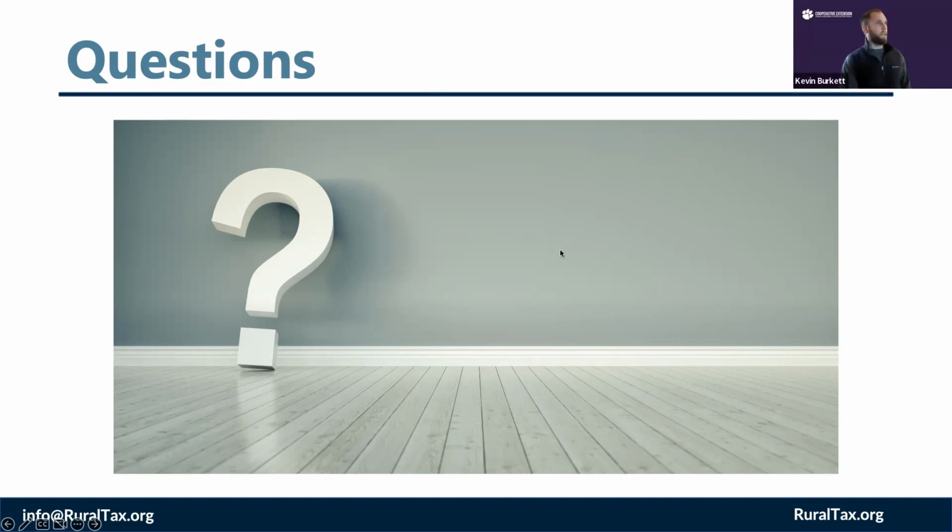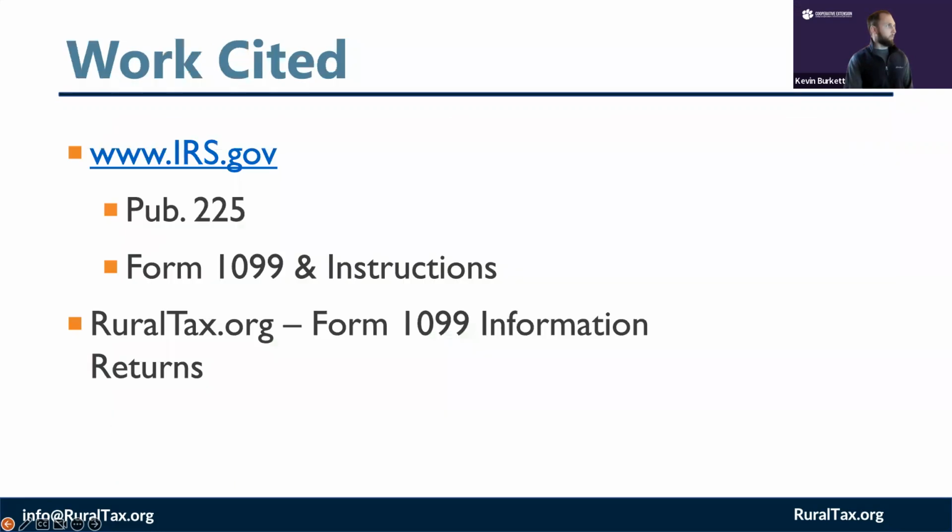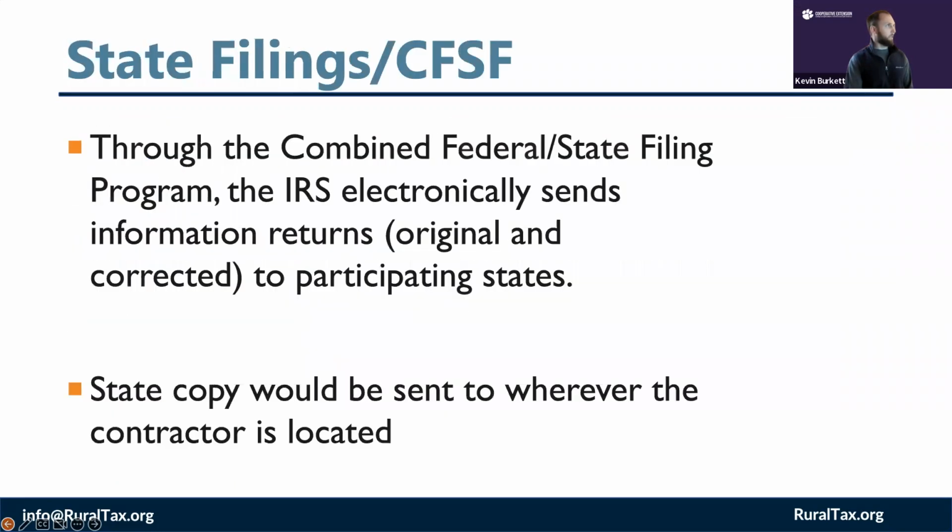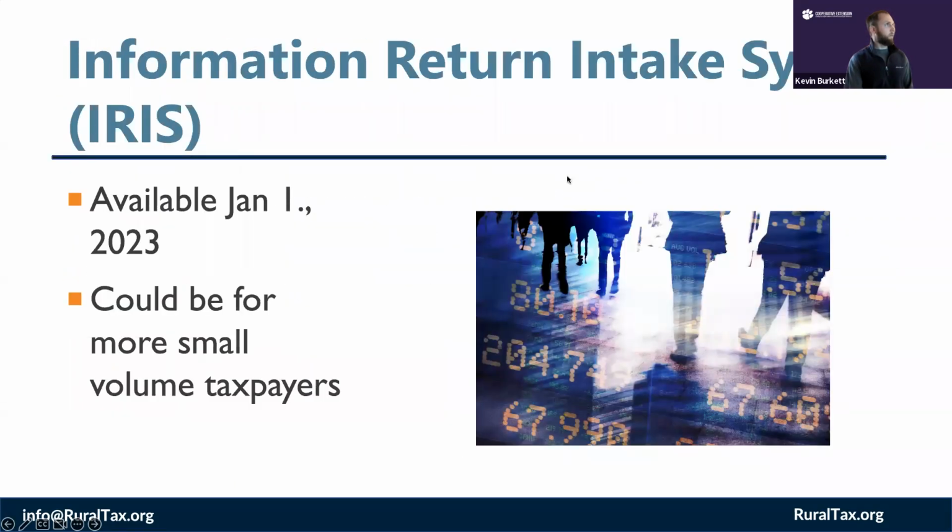Yeah, and I can take the next one. It says, I see the FIRE program on the IRS website, I do not see IRIS. Is that name correct? The Information Return Intake System is what it is, so IRIS is the name.